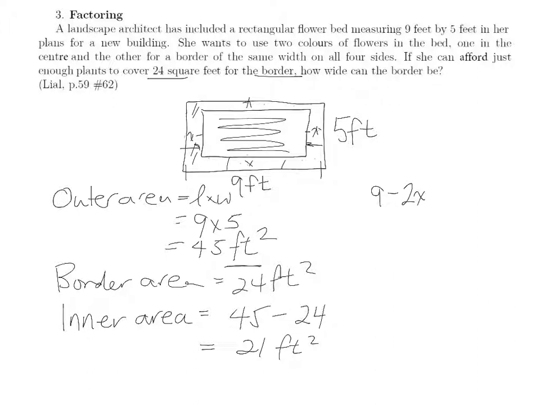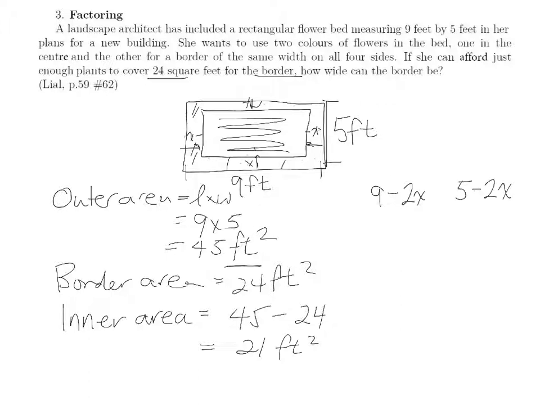And if we look here at the length of this side of the rectangle, we've got 5 feet, but again we're going in an X on both sides of the inner area, so that width of that rectangle inside is going to be 5 minus 2x.